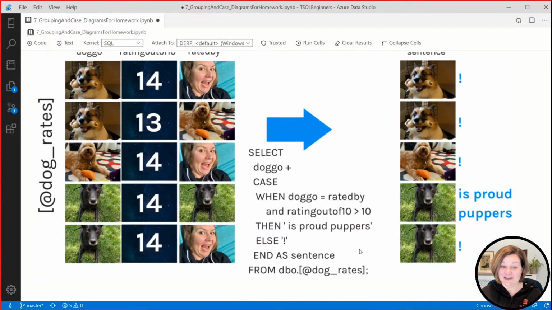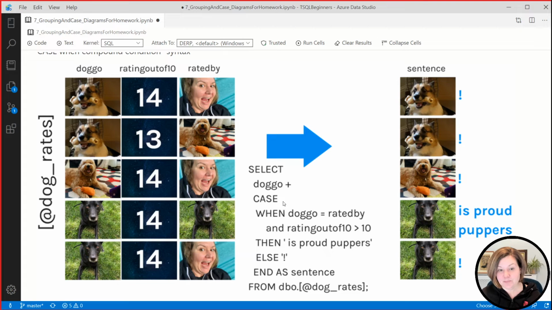Here it is getting fancier. So this is a compound condition with this syntax, right? So this time I'm doing some concatenation here. I'm creating a sentence. So this time I want to concatenate the dog name. I did the plus here. And for creating strings, case is often used for this; case is used for a lot of things.